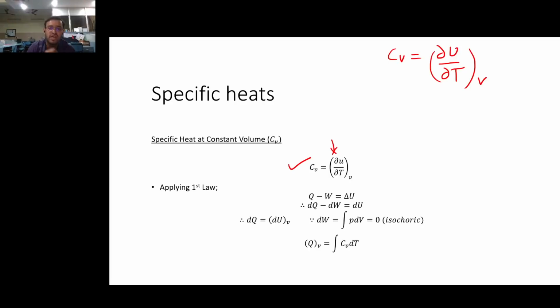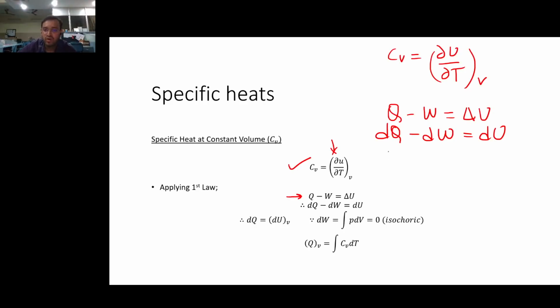Now we are going to look at the first law of thermodynamics. The first equation is Q minus W equal to change in internal energy. In differential form, dq minus dw is equal to du. That is the heat transfer across the boundary minus the work done on or by the system is equal to the change in internal energy.